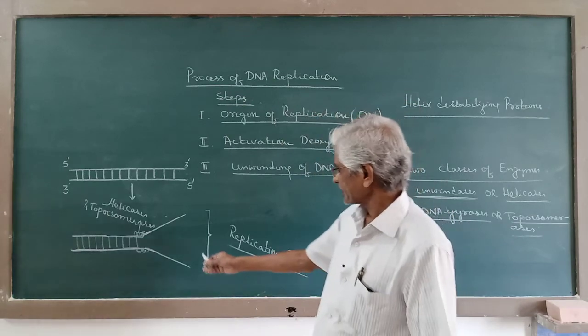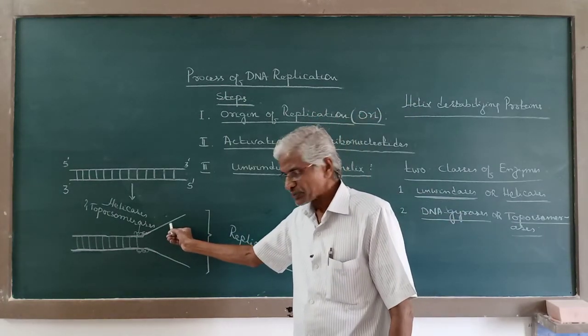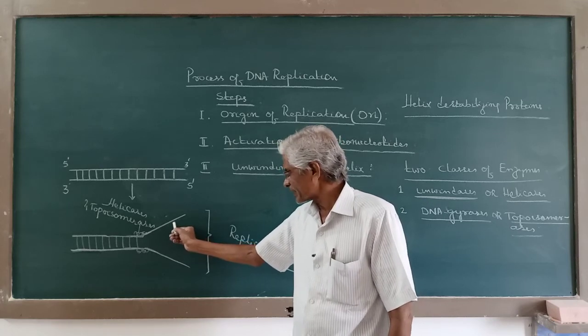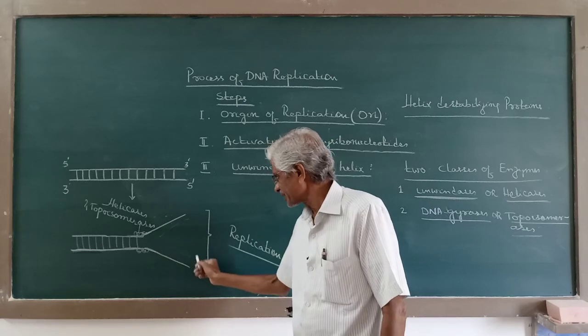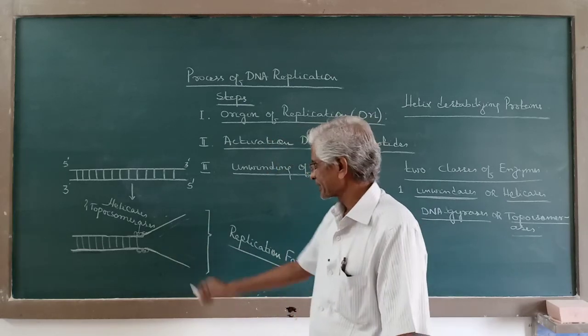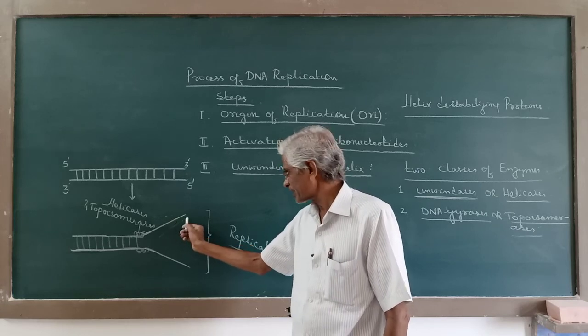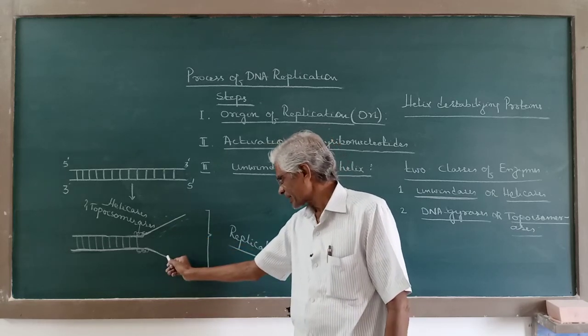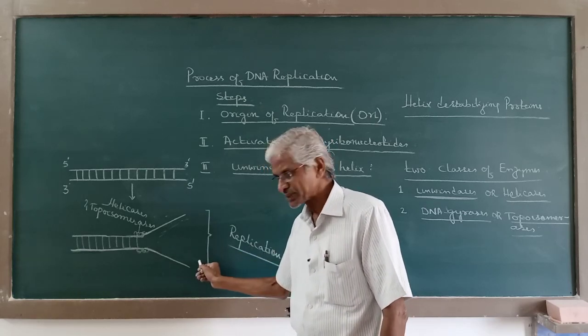Now, after the formation of this replication fork, each strand of DNA will act as a template, and against this a new strand will be synthesized. So, here this will act as a template or a model, and a new strand will be synthesized, and this will act as a template or a model, another new strand will be synthesized.